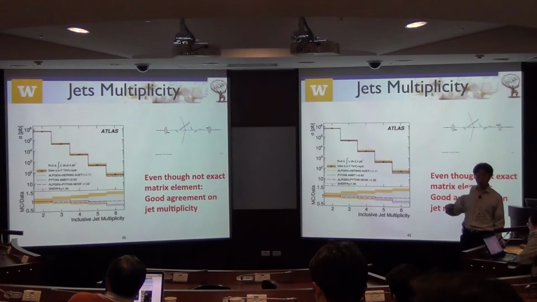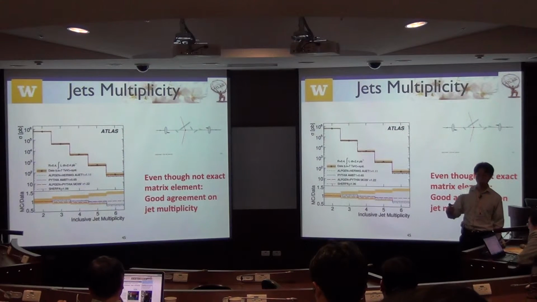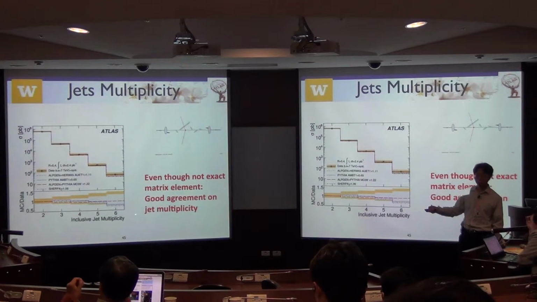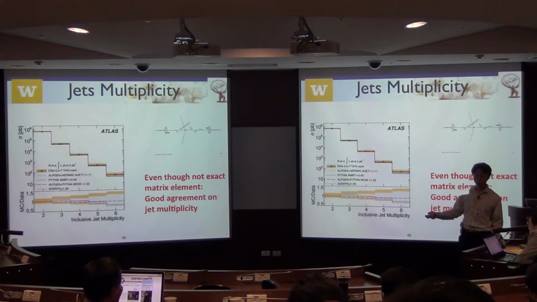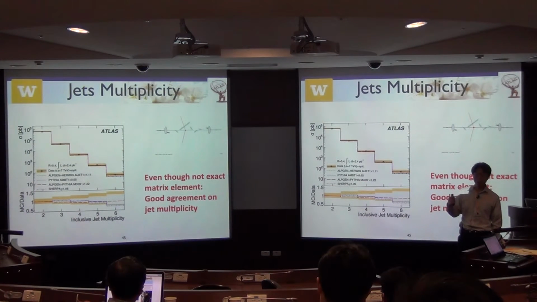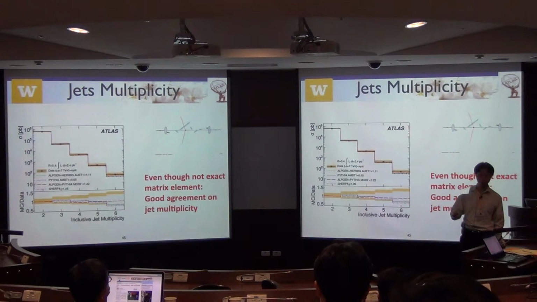Once we increase luminosity and also energy, we can start probing even extremely higher multiplicity if we have an agreement between data and Monte Carlo. So why is this important? Because in some Beyond Standard Model scenarios, you could predict a very high multiplicity of jets, and understanding of the Standard Model is the key to verify if we have new physics.